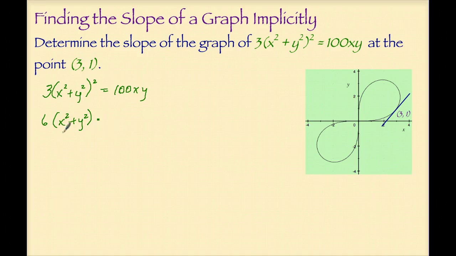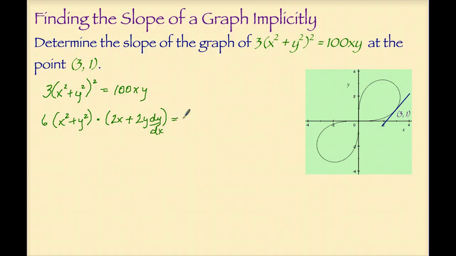The derivative of x squared is 2x, and then since I'm taking a derivative of an x term with respect to x, that differential would be dx/dx, which I will not write, plus the derivative of y squared, 2y dy/dx. That is the derivative of the left side of the equation.